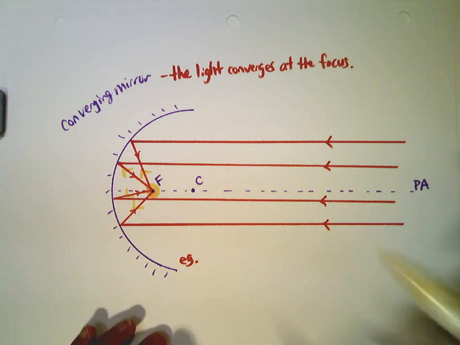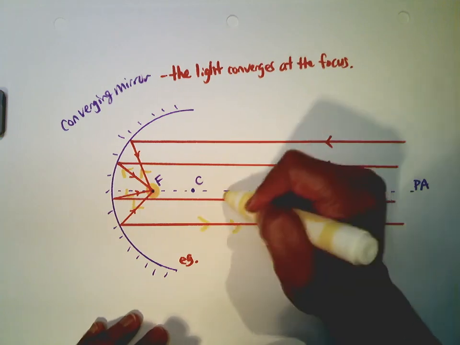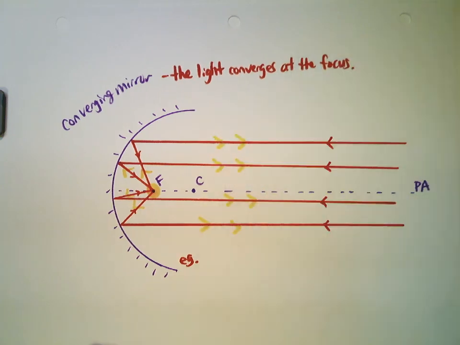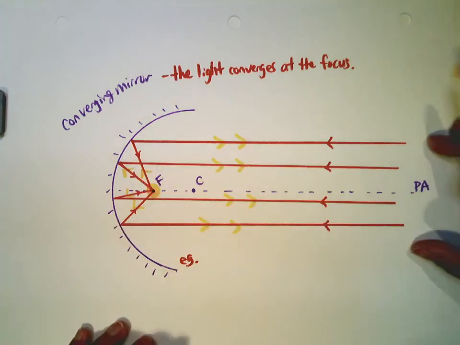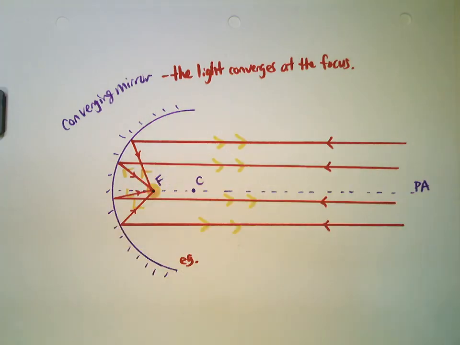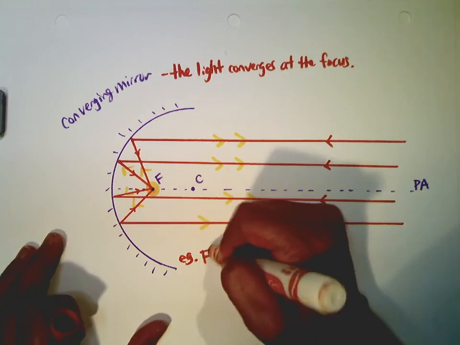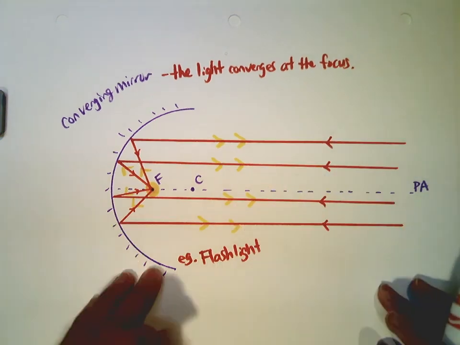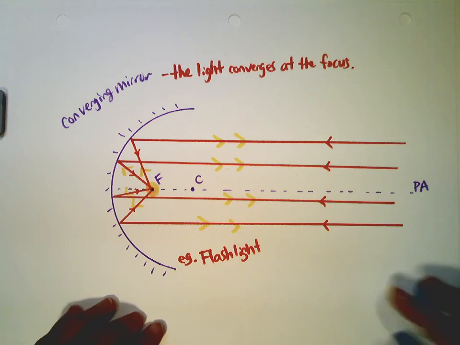Angle of incidence equals angle of reflection, and the light will come out this way. All right, and so an example of this use would be a flashlight, and you'll notice all flashlights are shiny with the bulb at the focus.